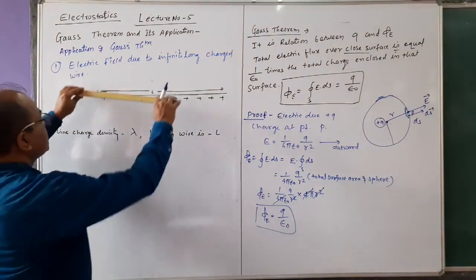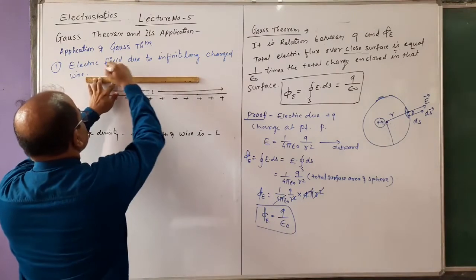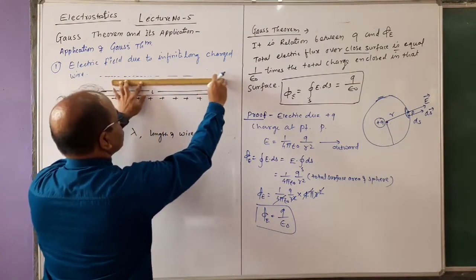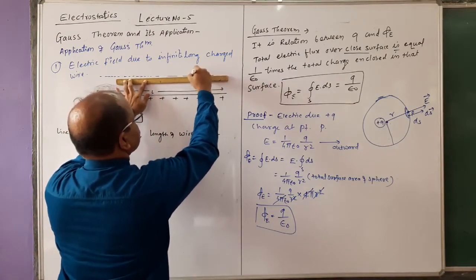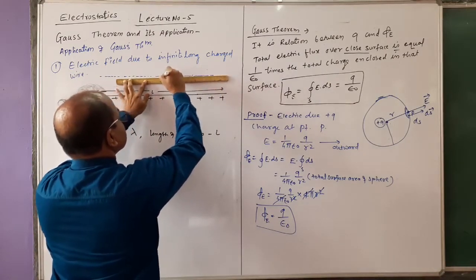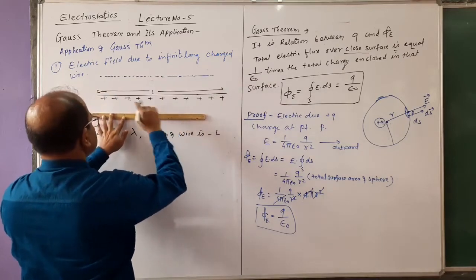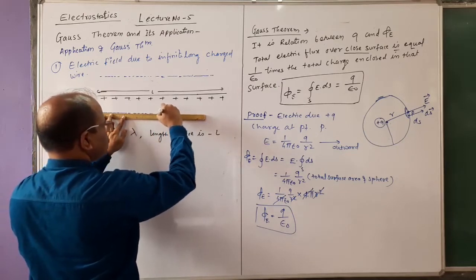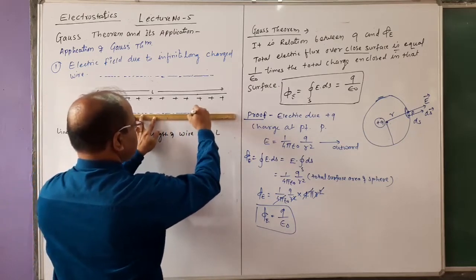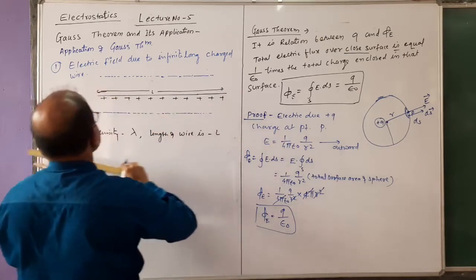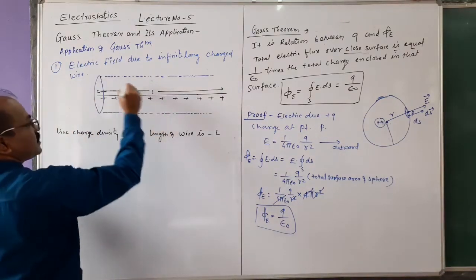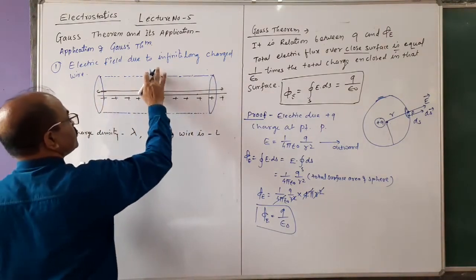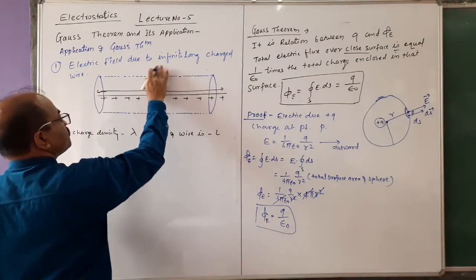So to enclose this charge we consider this imaginary Gaussian surface, denoted by these dotted lines. The imaginary Gaussian surface is a cylinder, so that all the charge will be enclosed inside the cylinder. Its length is L, already denoted here.